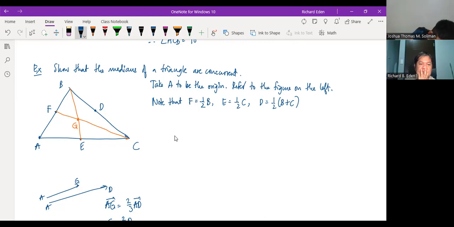So CF is F minus C, which is half of B minus C.